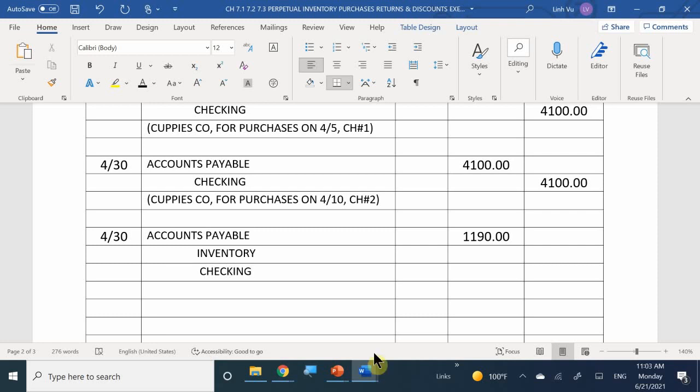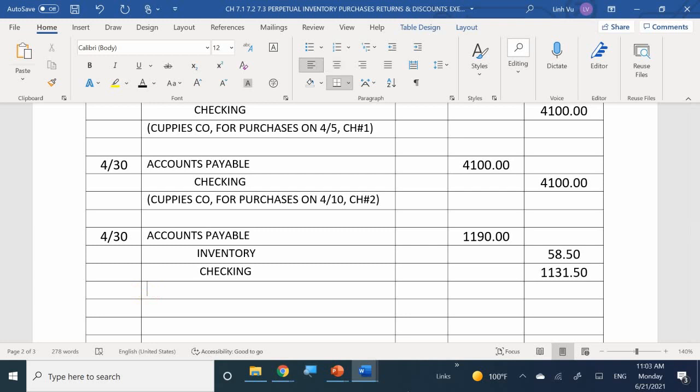Good. So again, what was the calculated amount? 58.50. Yes. So therefore, how much is my check going to be? 1131.50. 1131.50 is correct.